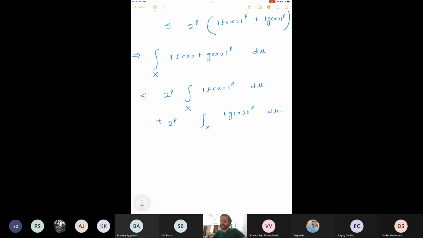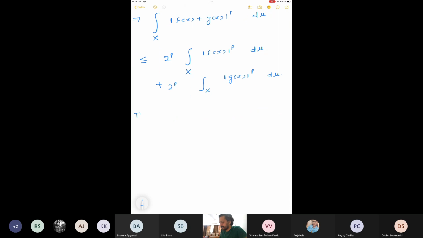Integral over x mod g power p is also finite. And that will give you that integral over x mod f plus g the whole power p d mu is finite. Thus, integral over x mod f x plus g x the whole power p d mu is finite, because you started with f and g in L p mu.